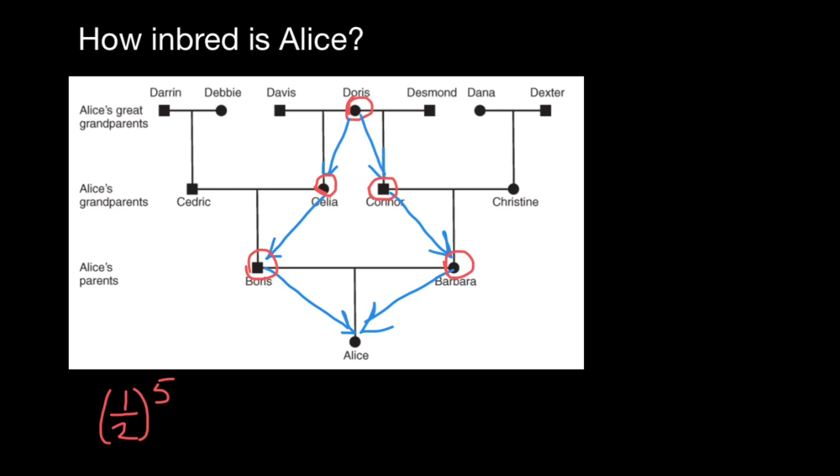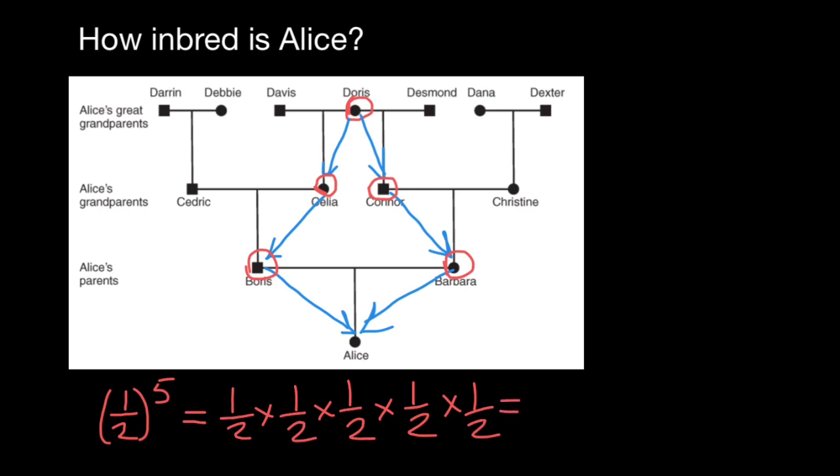In other words, this is 1/2 times 1/2 times 1/2 times 1/2 times 1/2. 1/2 times 1/2 is 1/4, times 1/2 is 1/8, times 1/2 is 1/16, and times 1/2 is going to be 1/32. And this is the inbreeding of Alice.